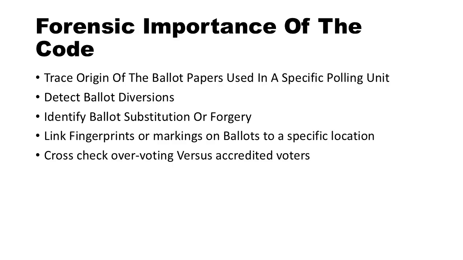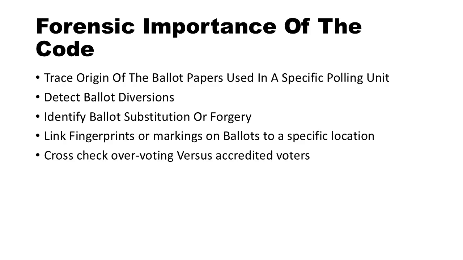You can also use it to identify ballot substitution or forgery. You know, there's no document that cannot be forged, but if ballot papers are forged, it is possible for the polling unit code to be used to identify whether it is forged or not.